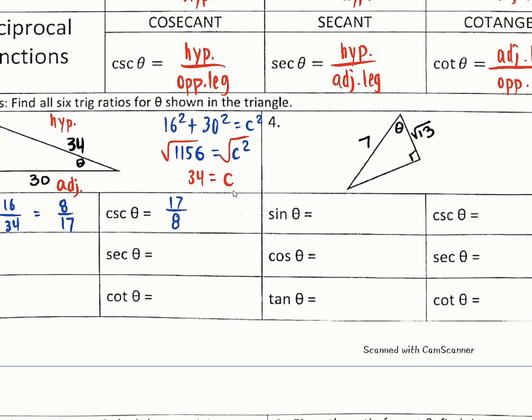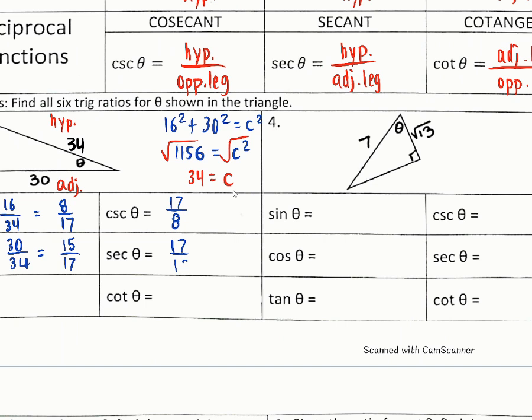Okay, let's find the cosine. CAH, adjacent over hypotenuse. What's my adjacent? 30 over my hypotenuse 34. Will 30 over 34 reduce? Absolutely it will. Type it in. So my cosine is 15 over 17 for this particular one. So what's my secant? 17 over 15.